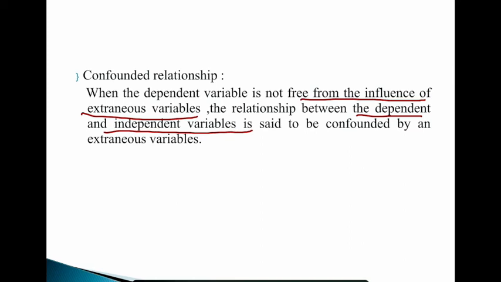This is also a tough thing to remove, because whenever we go for dependent and independent variables, there are certain variables which always affect the study, and in an experimental research design it has to be taken care of, because otherwise the results may be influenced, or the results will not be error free. So this confounded relationship also needs to be understood by the researcher if he or she is going for the experimental research design.